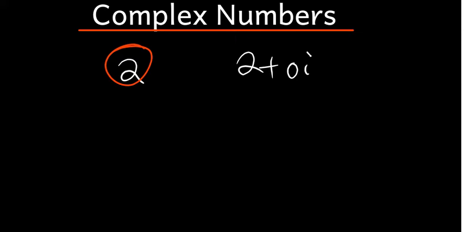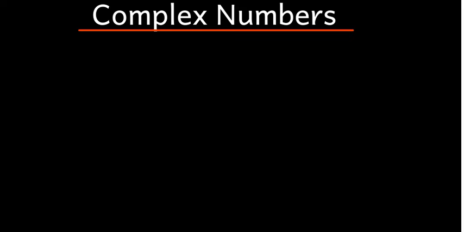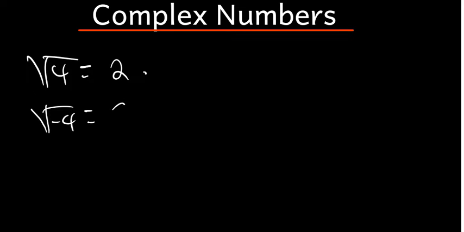Now, apart from that, the important thing again which you have to know is that since we are talking about i, as long as you see i, that is the imaginary part. I said earlier that the square root of 4 is 2, then the square root of -4 is basically 2i.